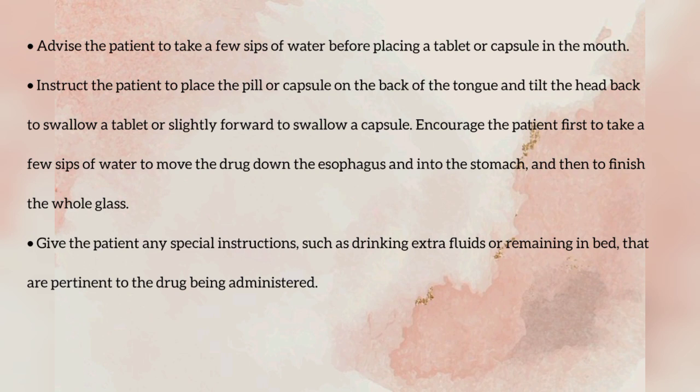Instruct the patient to place the pill or capsule on the back of the tongue and tilt the head backward to swallow a tablet or slightly forward to swallow a capsule. Encourage the patient first to take a few sips of water to move the drug down the esophagus and into the stomach, and then to finish the whole glass.